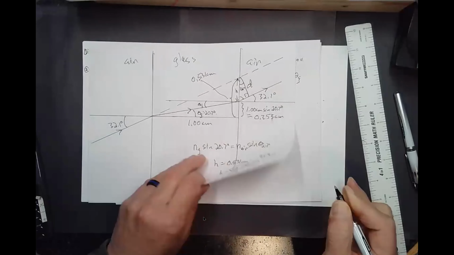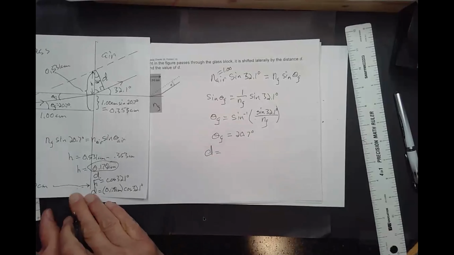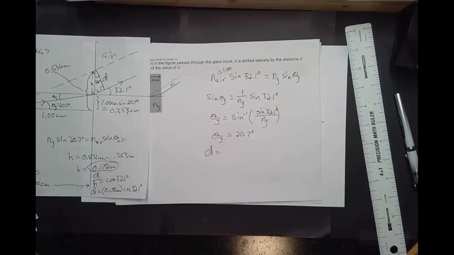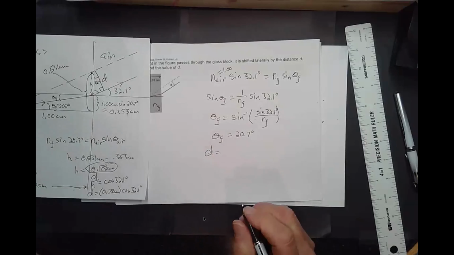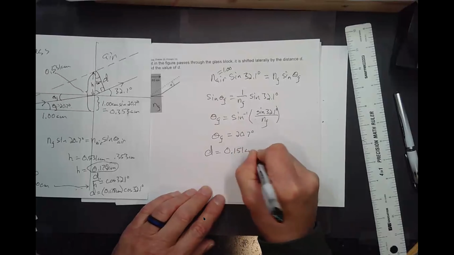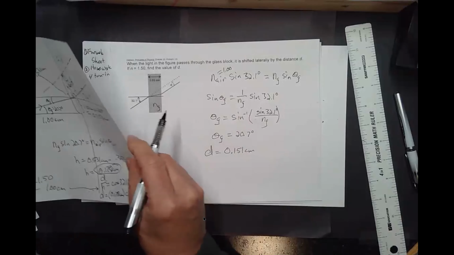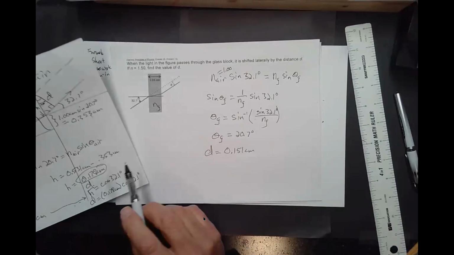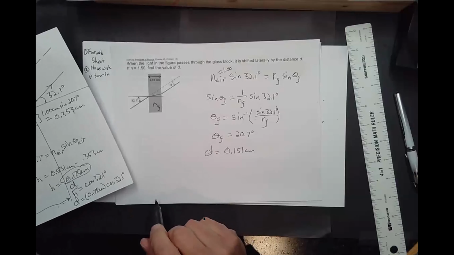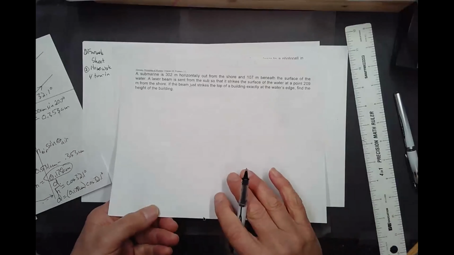And so the displacement of that thing ends up being, when we finally calculate it, 0.151 centimeters, which is 1.51 millimeters. So not a lot of displacement, but that's just an example of using Snell's law a couple of times to figure this out. So, okay, there's our first one.